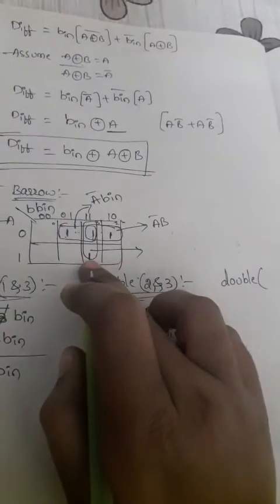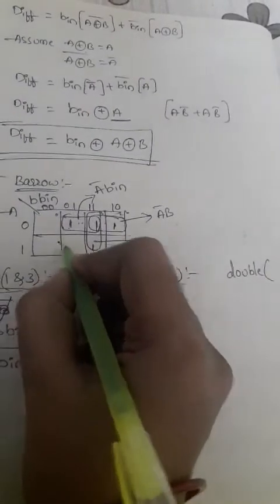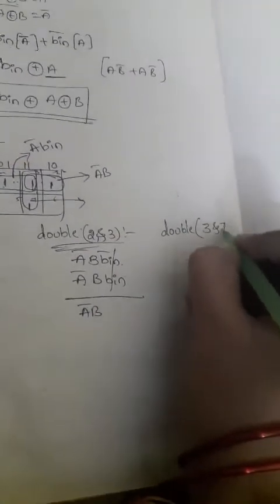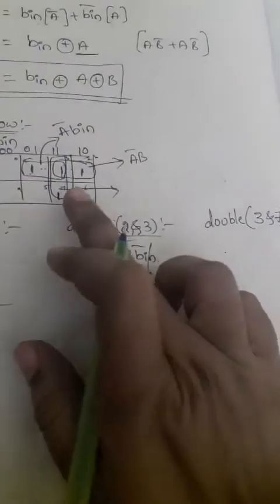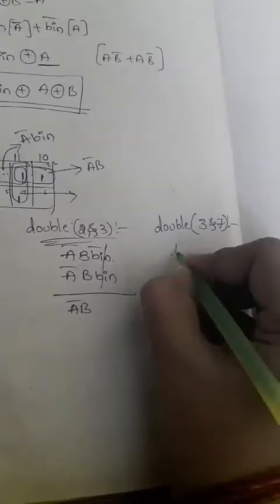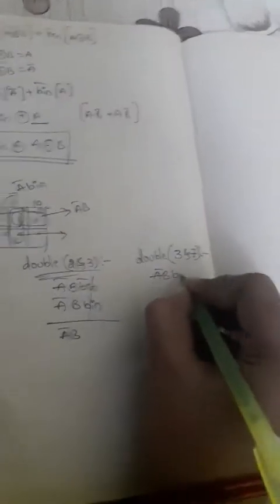So now finding the double for the last cells, that is cell numbers 4, 5 and 6, 7, right? So that is nothing but 3 and 7. The cell 3 is nothing but 0, 1, 1, so A complement, B, B in.